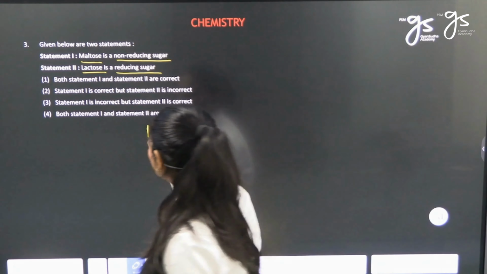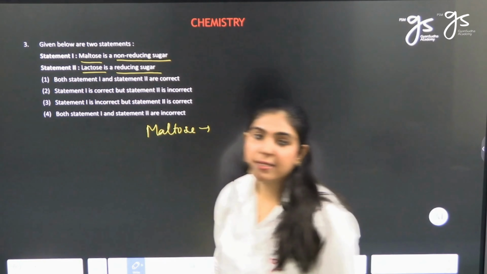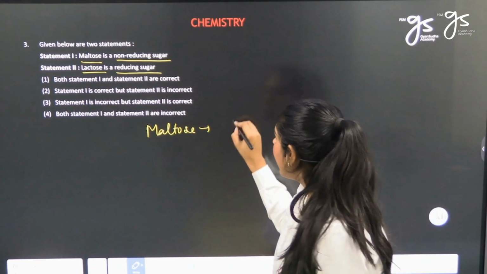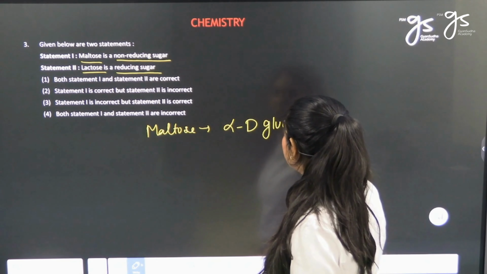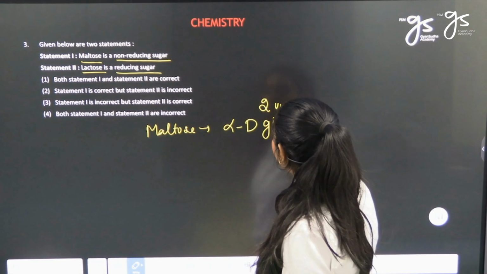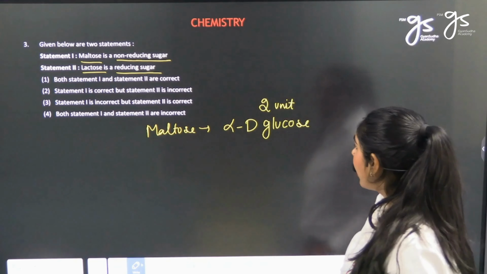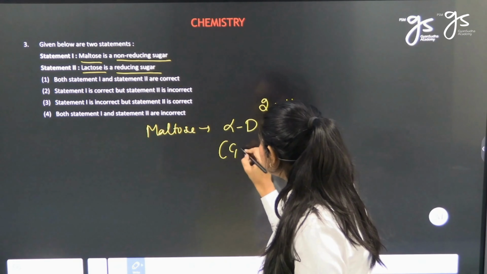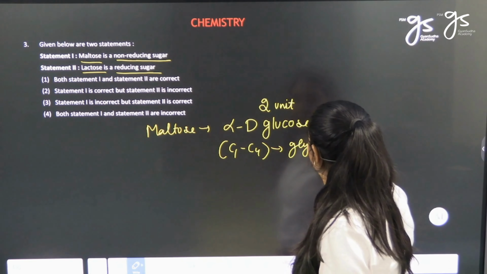Maltose is made up of alpha D glucose. When 2 units of alpha D glucose combine, they make up maltose, and the C1 and C4 carbons are linked via a glycosidic linkage.